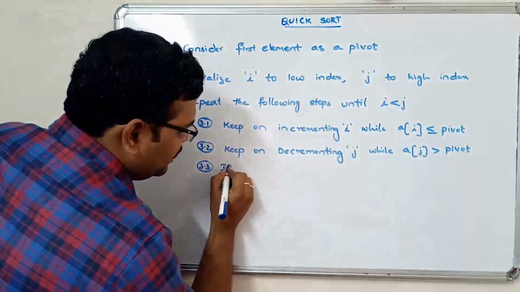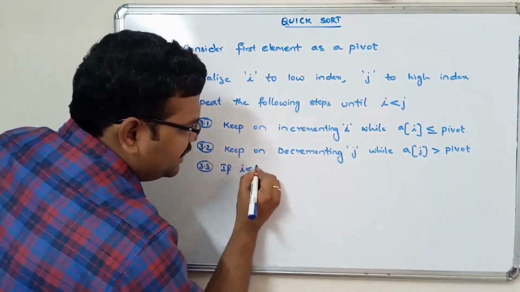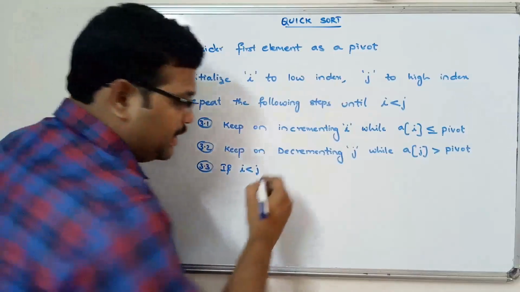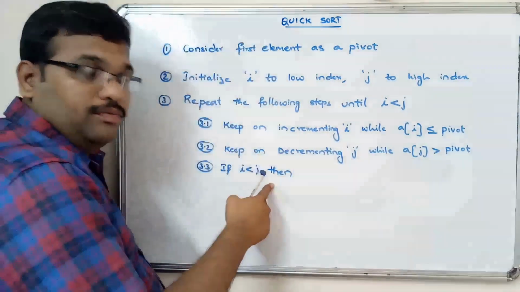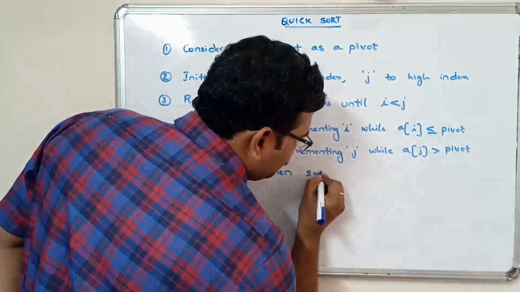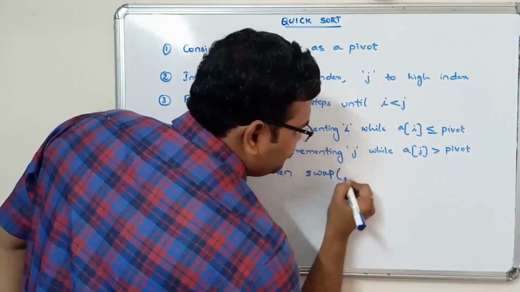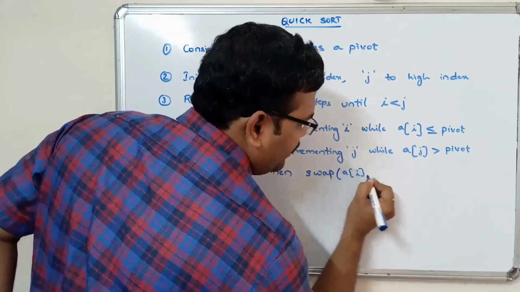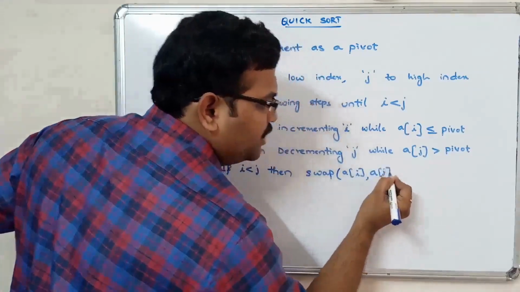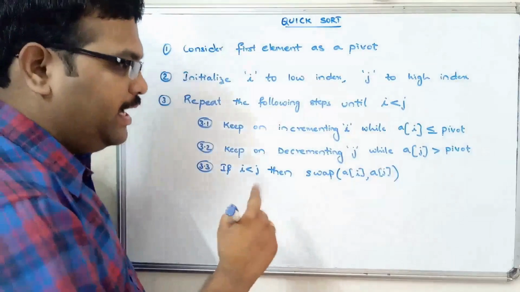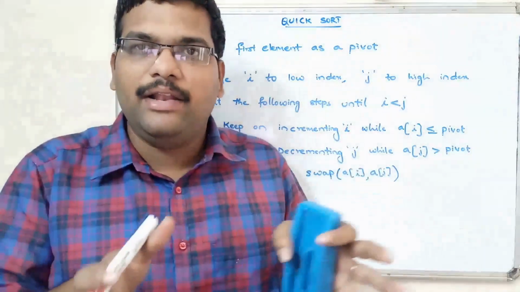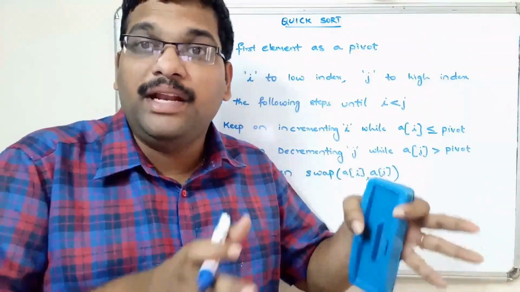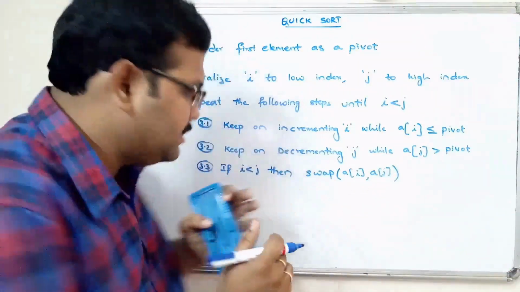Now check the condition: if i is less than j, then swap the elements A[i], A[j]. We have to swap the elements available at the ith index and jth index.